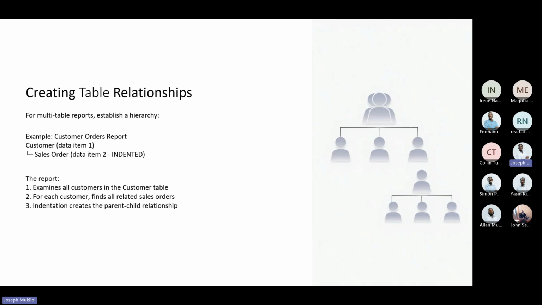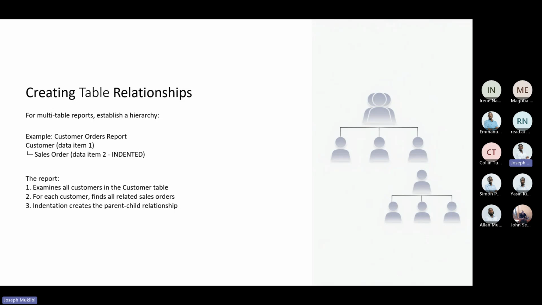Now in the documentation, they also talk about creating relationships. For multiple tables, reports establish a hierarchy. Like the example I put there, you may want to come up with a customer orders report.